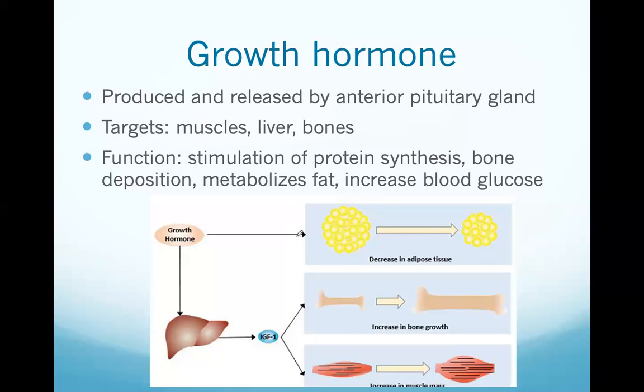Growth hormone also targets the liver and causes a release of a protein called IGF-1. I don't want you to know what it stands for, but IGF-1 targets your bone and your muscle. In terms of your muscle, it helps you increase your muscle mass, so you are making larger muscles to match the growth.